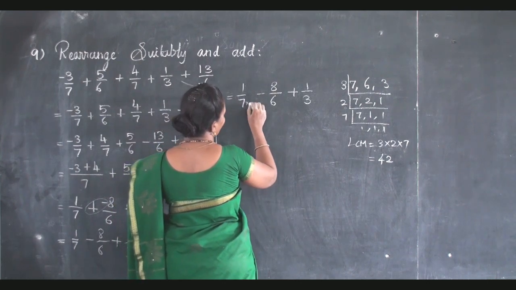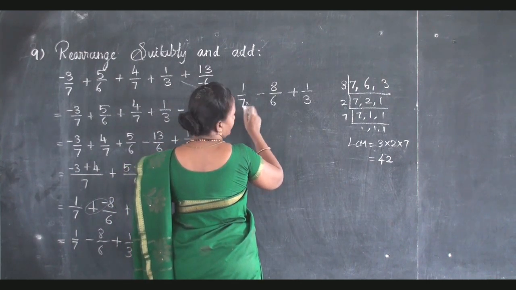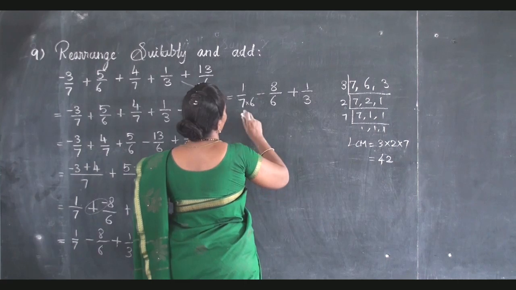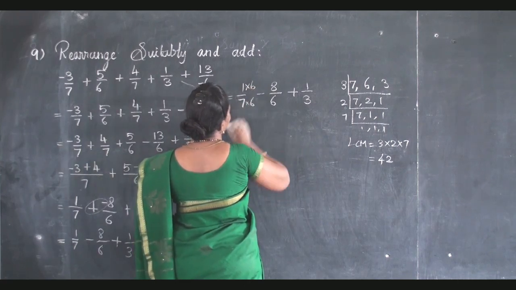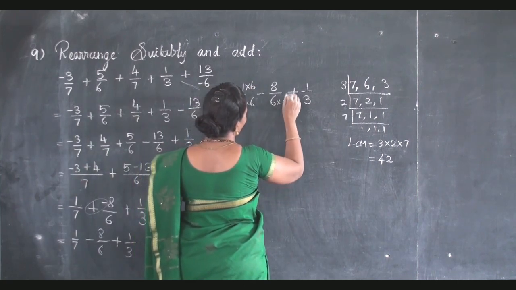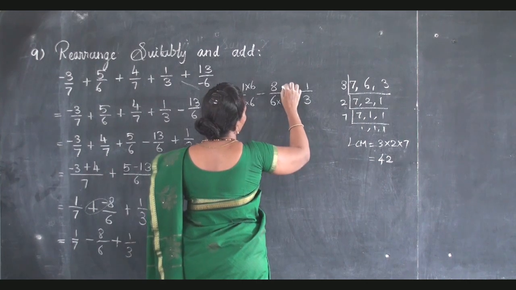What number we have to multiply to get 42? So multiply with 6. Here also multiply with 6. Here 6 into 7 we get 42.